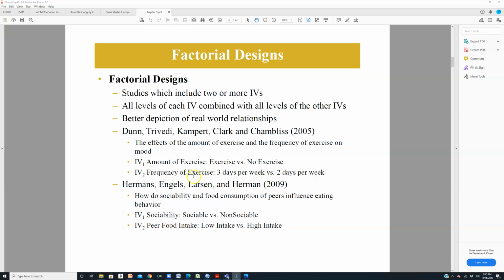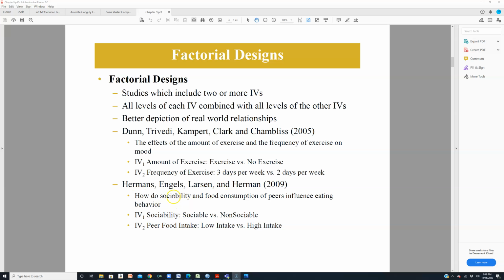So I'm looking at our exercise group 3 days a week, our exercise group 2 days a week, our no exercise 3 days a week, and our no exercise 2 days a week. I'm measuring mood every time I see them, and I want to see how exercise or no exercise changes mood based on frequency.